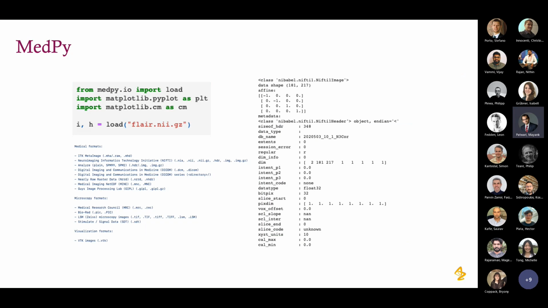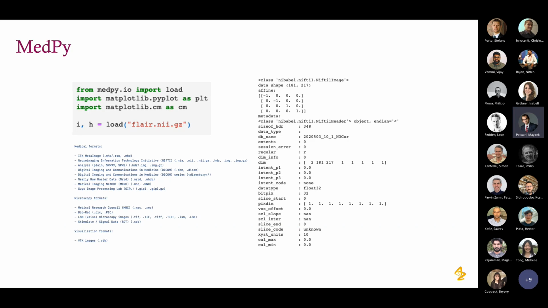I want to give a special shout out first here to MedPy. MedPy to medical imaging is somewhat like what Keras is to machine learning. It's a wrapper around multiple medical imaging libraries. One just needs to pass it to the load command and it would, on the back end, use the specific existing technologies.